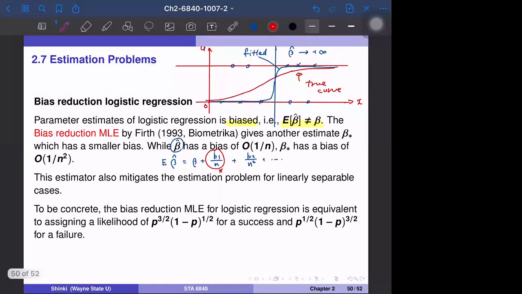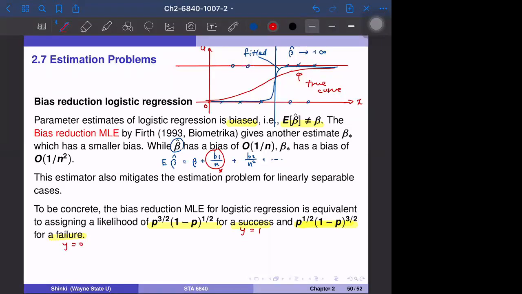The calculation is very complicated, and if you want to see the details, you can see the original paper. But actually, what they did is to give this likelihood p to the power 1.5 times 1 minus p to the power 1/2 for success, and this power for the likelihood for failure. That is the rule for bias reduction logistic regression.